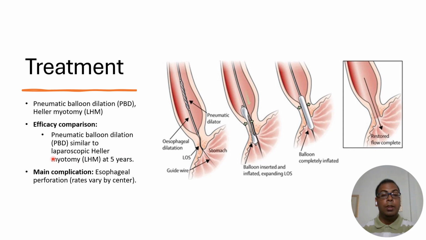So in terms of the efficacy of these two procedures, the pneumatic balloon dilation is similar to laparoscopic Heller's myotomy at 5 years. And the main complication of these procedures is esophageal perforation. And another complication, as you may imagine, if you create a space between the esophagus and the stomach, that would result in reflux of gastric acid back into the esophagus.